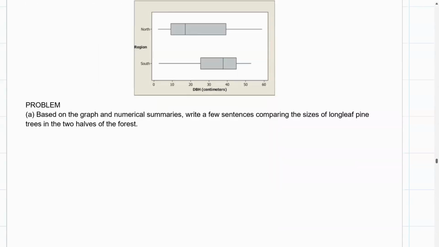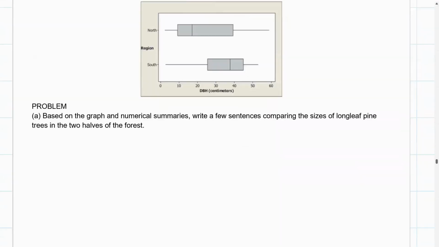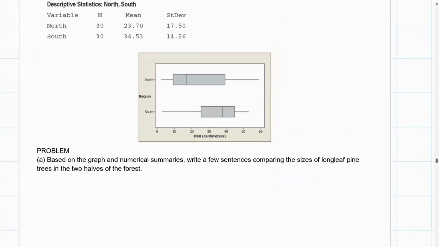Question A says, based on the graph and numeric summaries, write a few sentences comparing the sizes of longleaf pine trees in the two halves of the forest. This is a classic SOCS problem from way back in chapter one. So let's revive that memory. Let's talk about the shape.